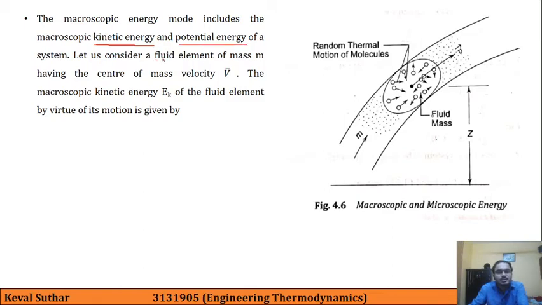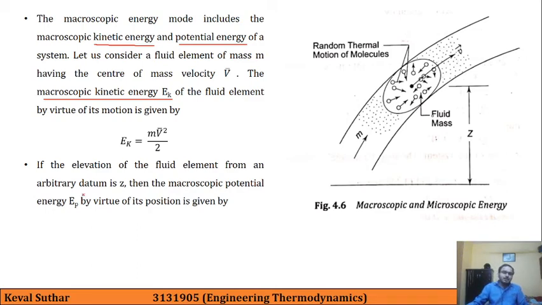Let us consider a fluid element of mass m having center of mass velocity v bar, and the macroscopic kinetic energy Ek of a fluid element by virtue of its motion is given by Ek is equal to m v bar square divided by 2. That is our standard formula, half mv square.